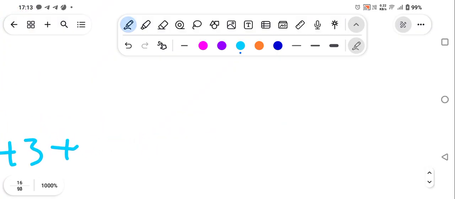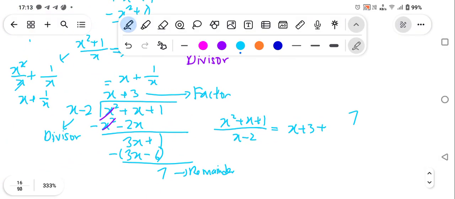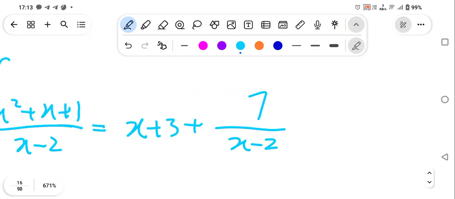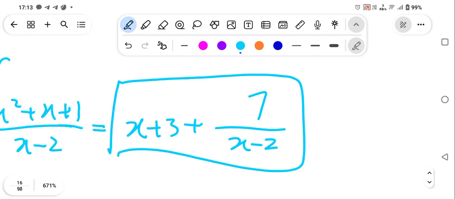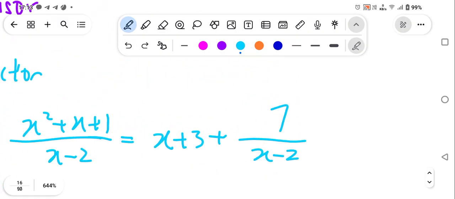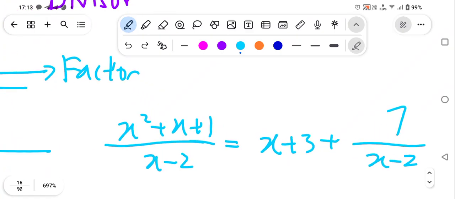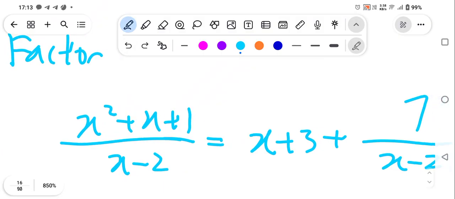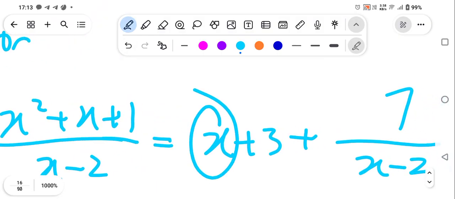The remainder is 7, and the divisor is x minus 2. So you get a quite wacky expression. Because you're dividing a quadratic by a linear function, the highest power must be linear.